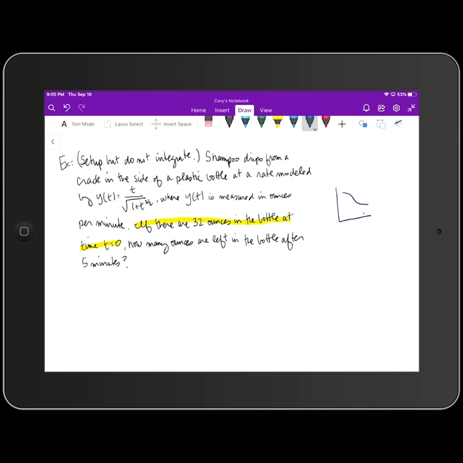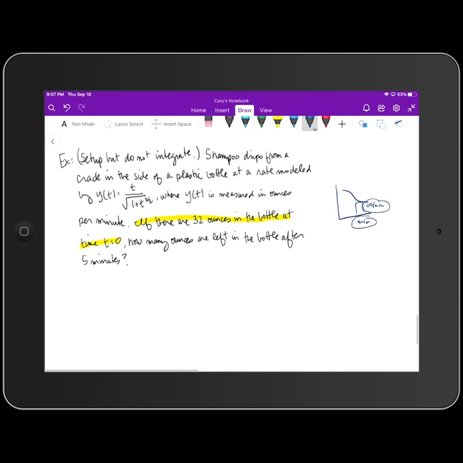When you do your Riemann sum, the heights are going to be written in terms of ounces per minute for the rectangles, and then your base length is going to be written in terms of time, which is in terms of minutes. So when you find the area underneath that curve, you're going to multiply these two units together. So you're going to multiply minutes times ounces per minute, which is going to leave us a measurement in terms of ounces. Okay, so that's going to be like a volume of some sort.